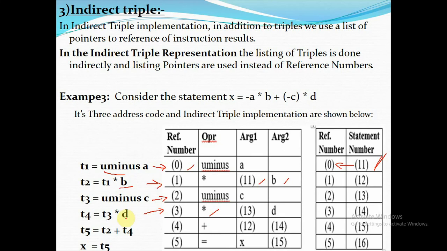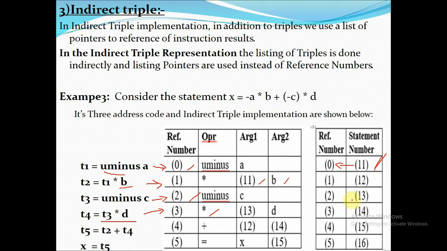Okay, next I want to refer to T3. T3 means the previous row's result. What is the reference number of the previous row? 2. And here argument 1 should refer to the result of this previous row in an indirect way.